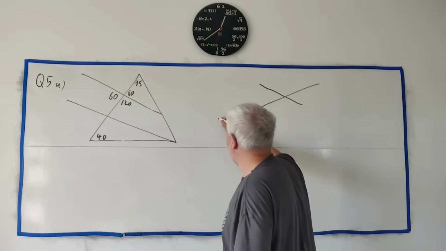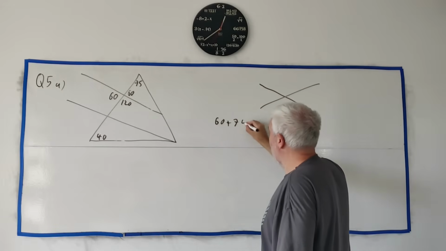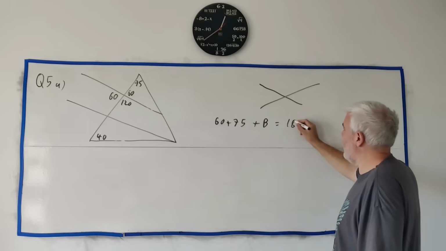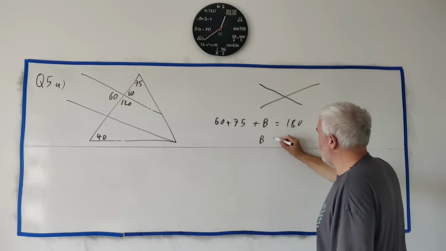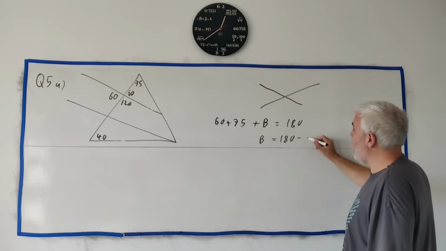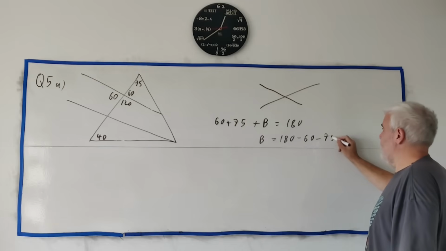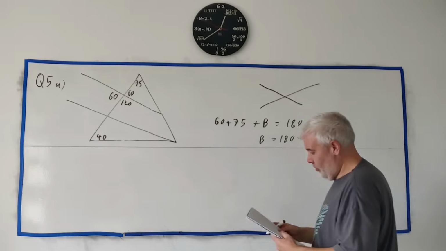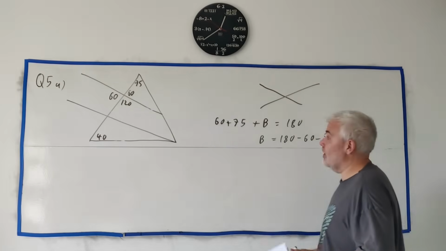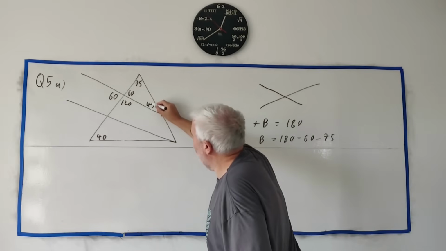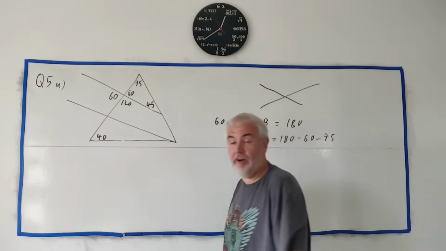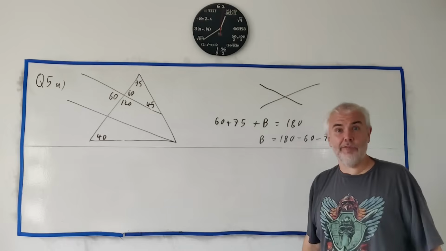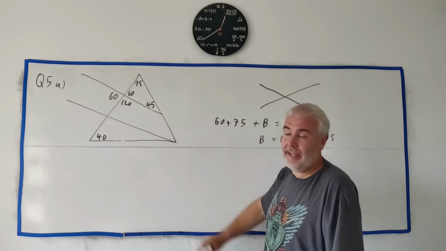So let's write it here. 60 plus 75 plus something, we'll call it B, must equal 180. We can solve this. It's 180 minus 60 minus 75. Do it in your head or do it in a calculator, or do like I'm doing, check my notes, I get it as 45 degrees. That's A and B solved. C was the hard one. How do we get down here?